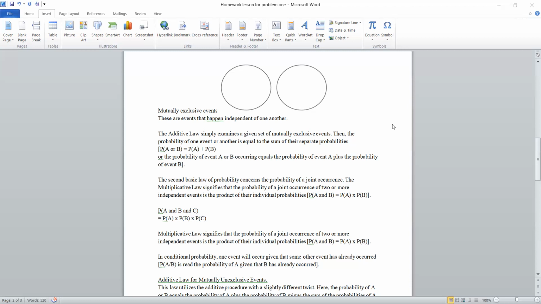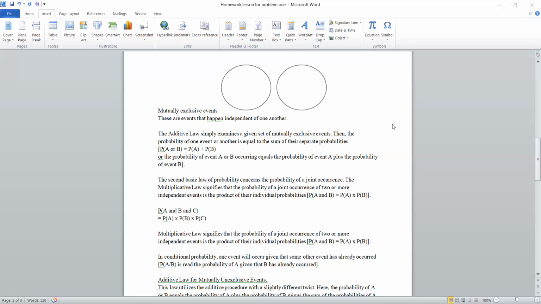The second law of probability talks about a joint occurrence. All right, so the multiplicative law signifies that a probability of a joint occurrence of two or more independent events is the product, multiplication, of their probabilities. Okay, so these are events with a joint occurrence with at least two or more.